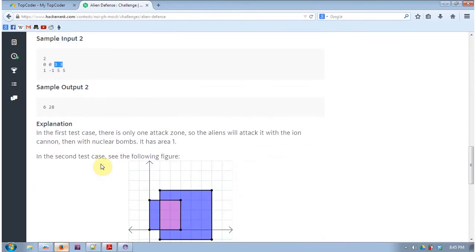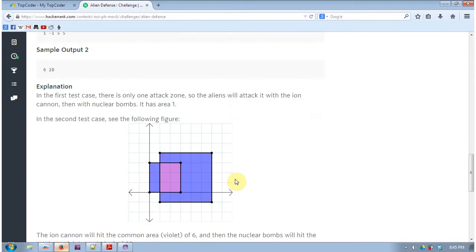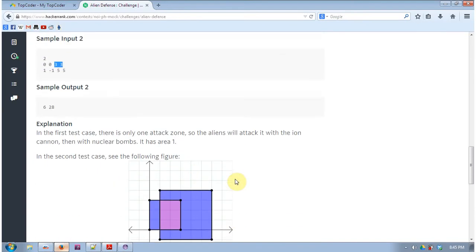The goal of solving this problem is to display the intersection of the n rectangles and the union of the n rectangles.